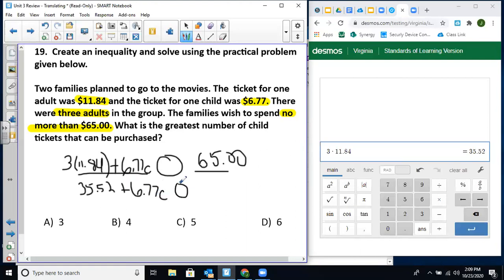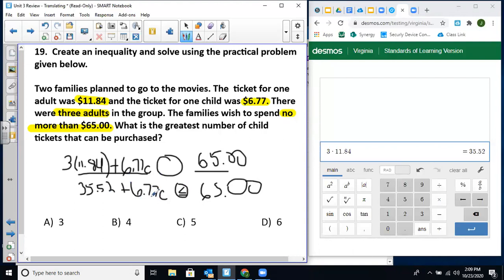And we still need to figure out what's our symbol going to be. Well, it says that we want to spend no more than $65. And we can represent that as less than or equal to. So on this side, it should be no bigger than $65.